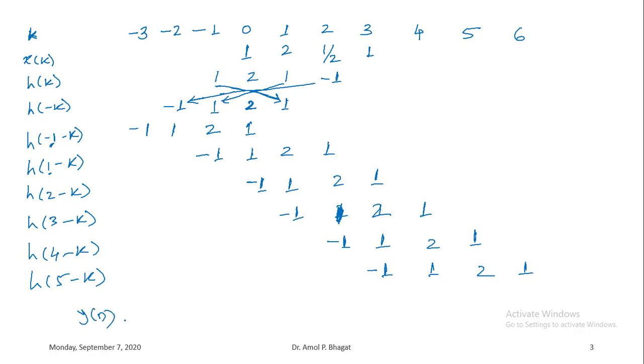For n equals minus 1 to 5, you will substitute these different values of n in y of n. So what was the formula for y of n?